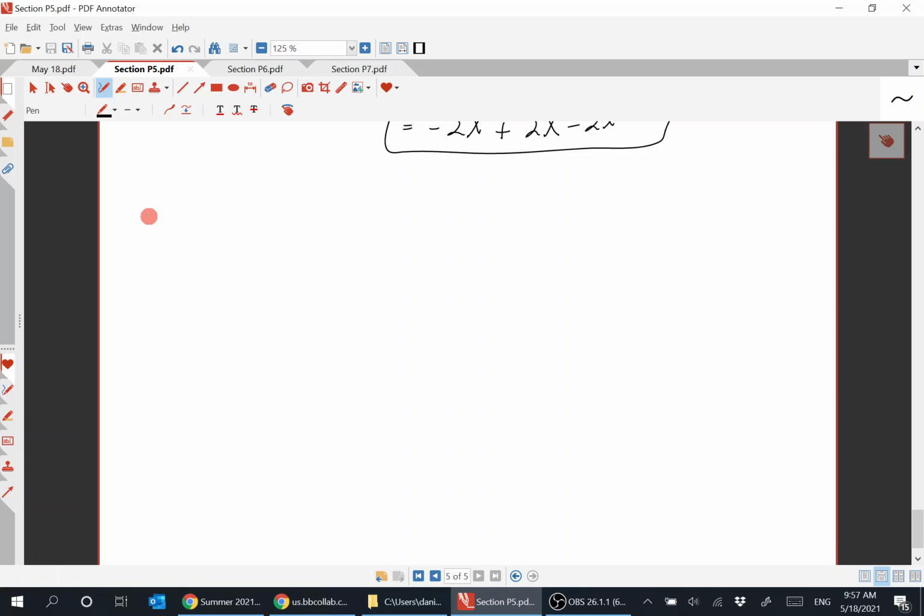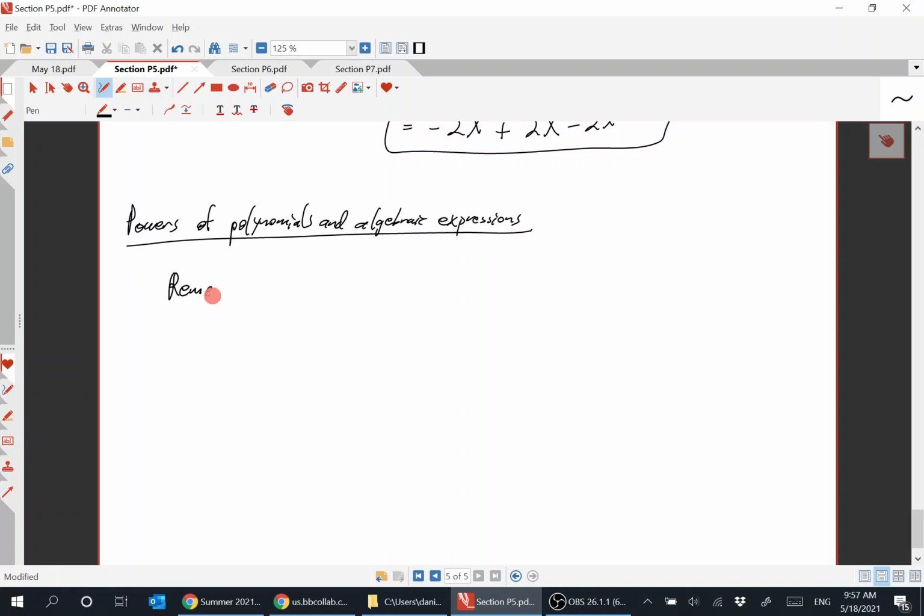Now the final thing, powers of polynomials and algebraic expressions. Remember, ab to the n is equal to a to the n, b to the n, and a over b to the n is equal to a to the n over b to the n.